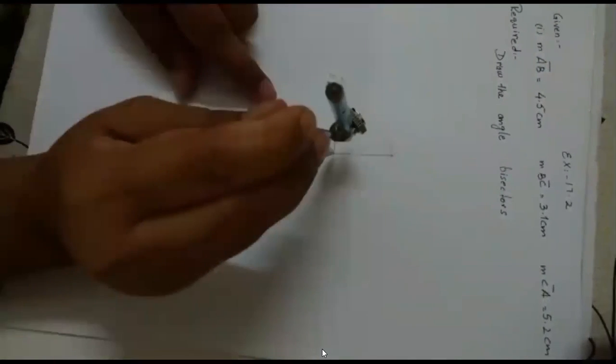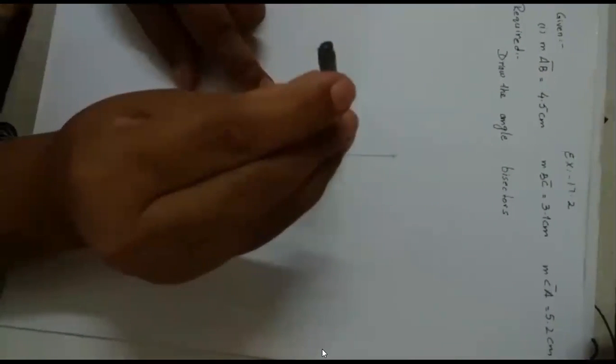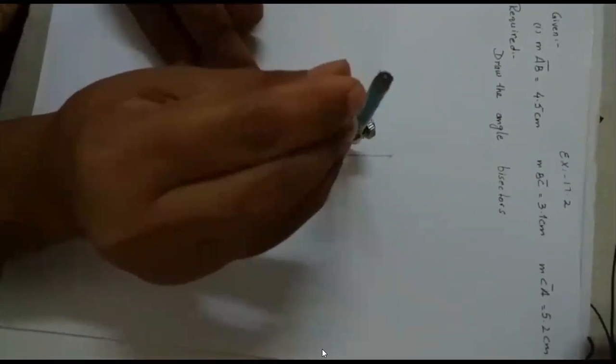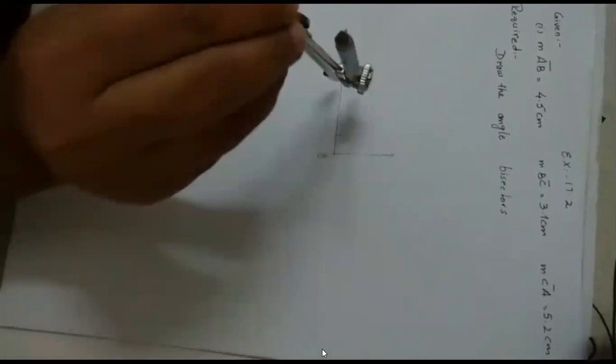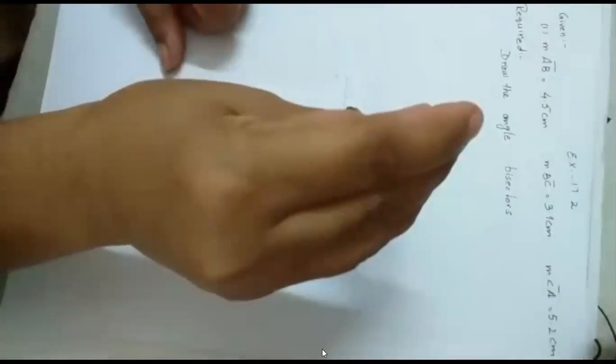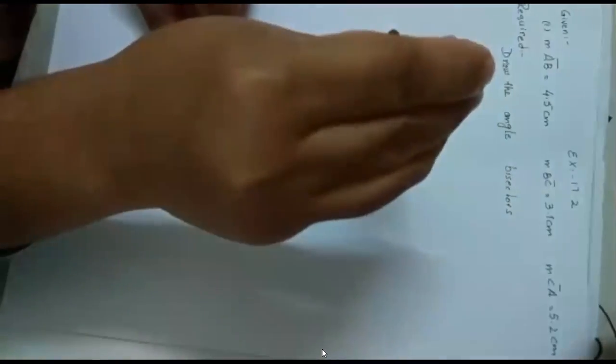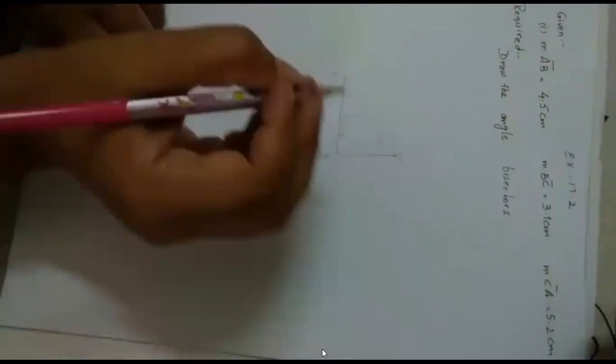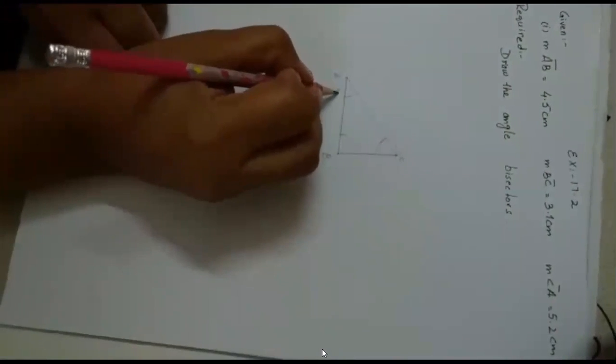Now we draw the angle bisectors. Open the compass to any radius, we only need the notation of the angle. This is 4.5 centimeters.